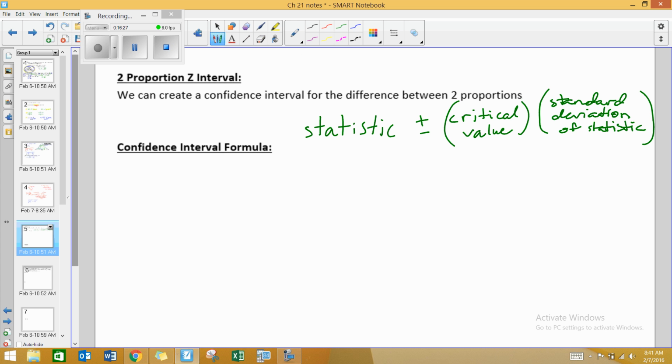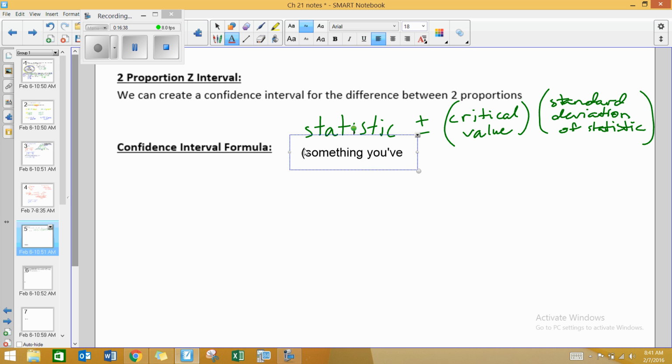Okay? And so just to add a little more understanding to what it was that all of these things represent. So the statistic, this is something you've calculated. Critical value, this is your Z star based on your confidence level.